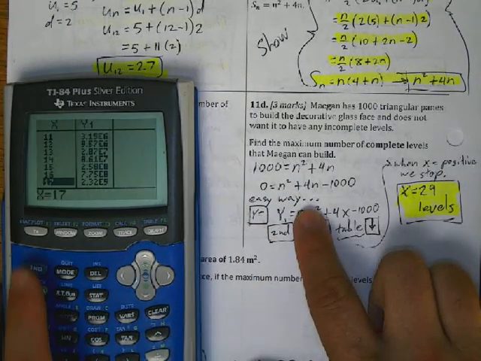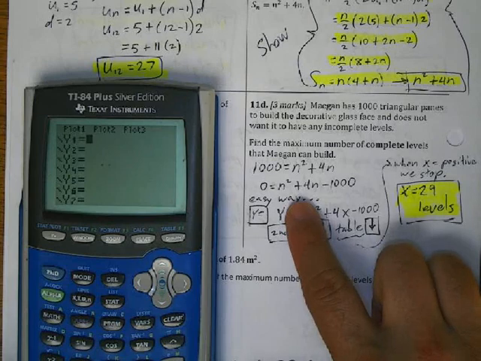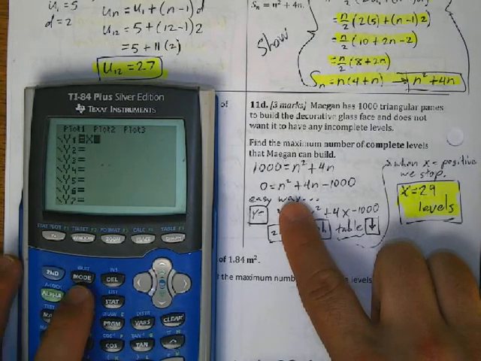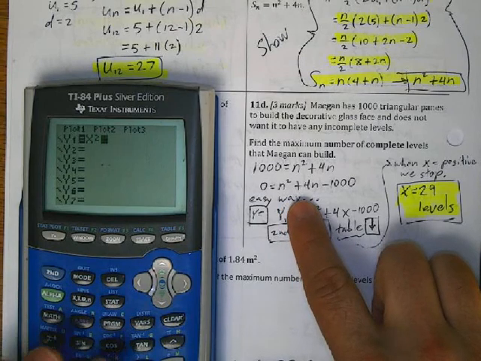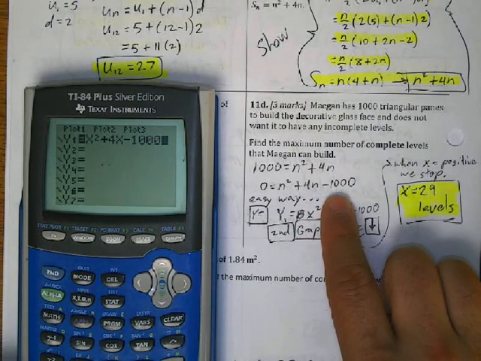And so what I'm going to do, let's type in this equation. X squared plus 4x minus 1,000. Okay.